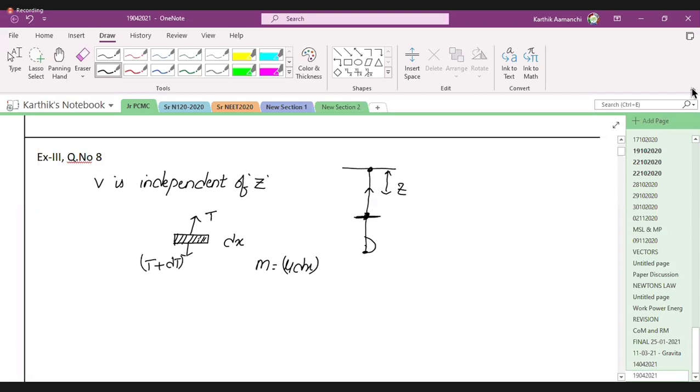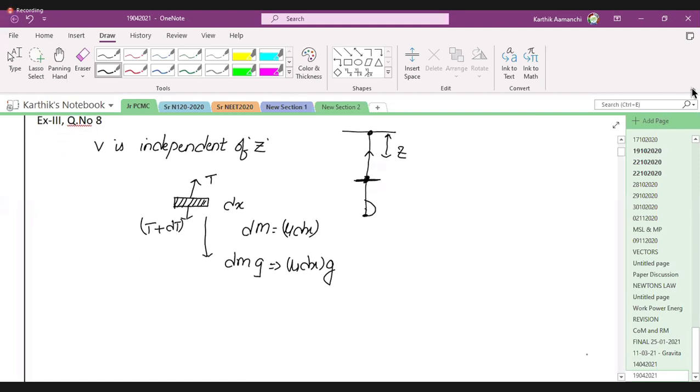Hence the net tension on this will become dT. Now, what is the weight of this acting down? It will be dm into g, that is mu dx into g. Until this, understood?